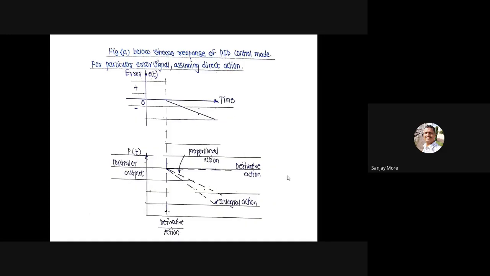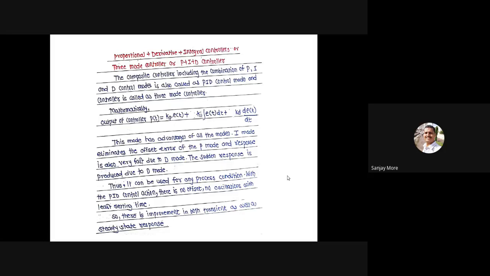See this graph. Before drawing this graph, write down these two, three sentences on the three mode controller.